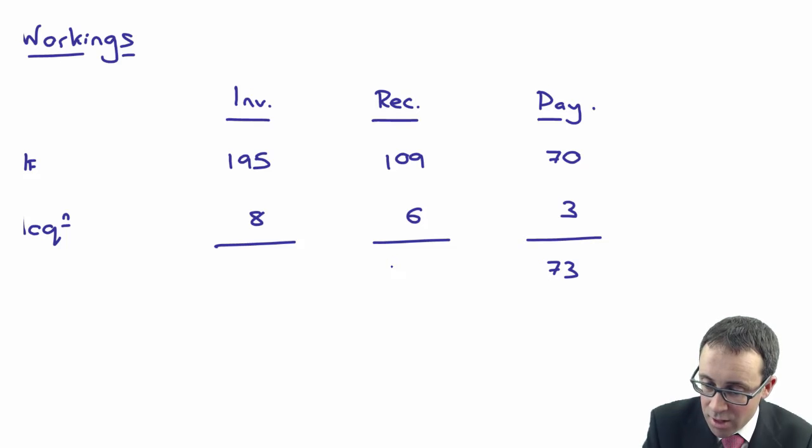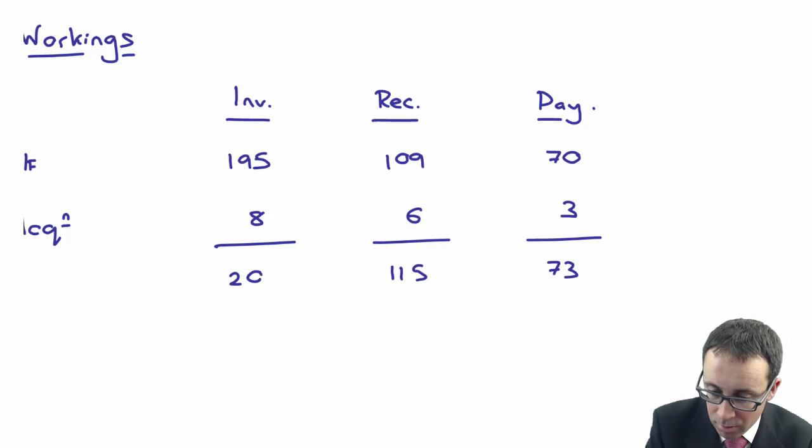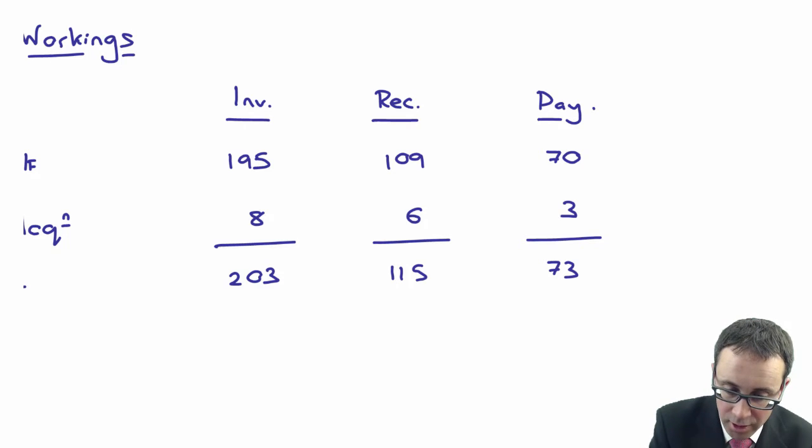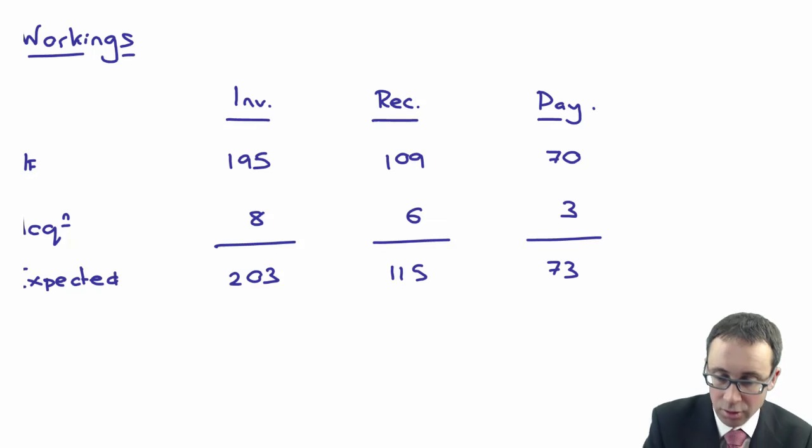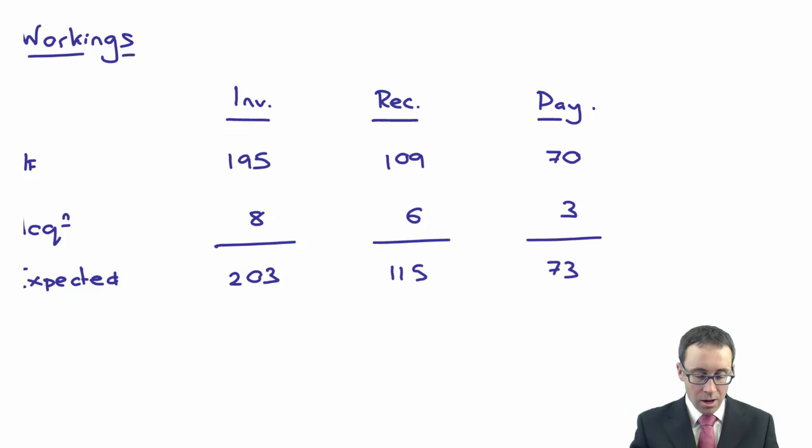So is it 73, 115, and is it 203? You know my arithmetic mentally isn't too strong, so I shall just check. Pardon me. 109 plus 6, yep, correct, 115. I can get the last one of 70 plus 3 is 73.